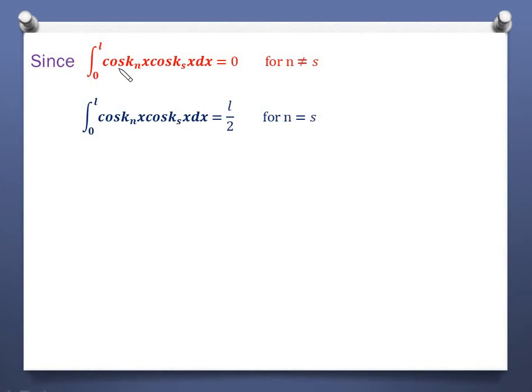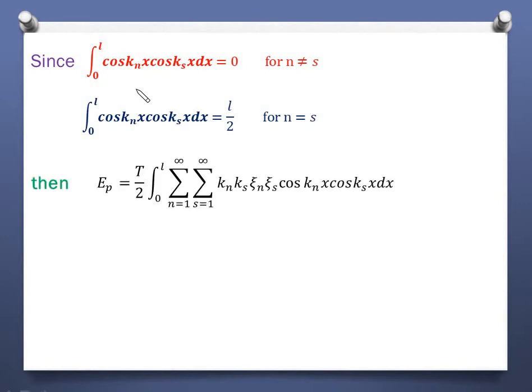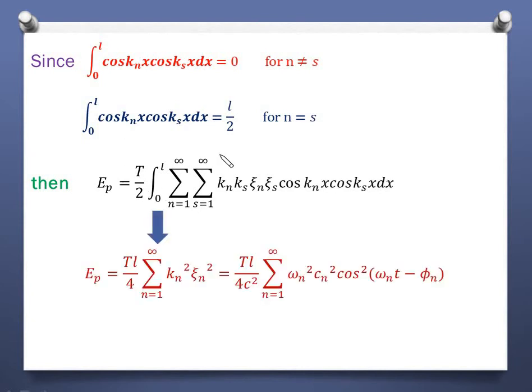Just use the identity cos a cos b, and then you can write it into two separate cosine terms and integrate it, substitute the limit, you will get this answer. It's very easy, try to do it. So under this scenario, the expression for the potential energy will become this.